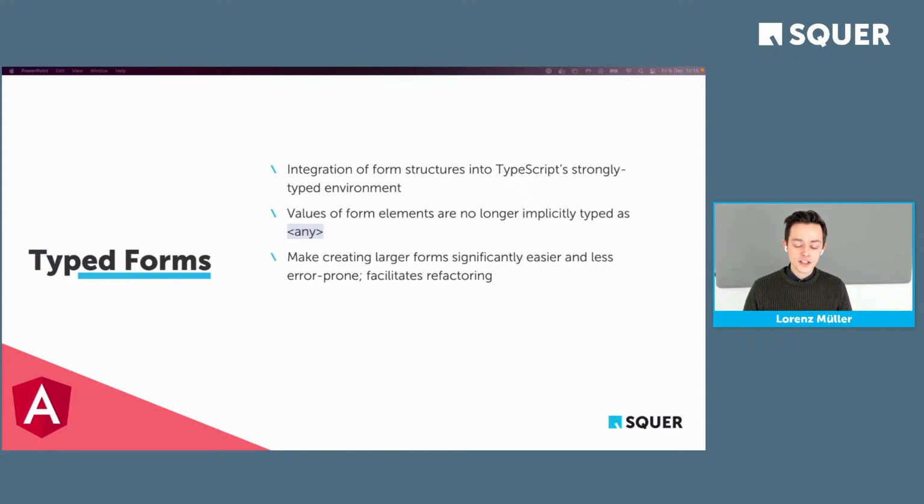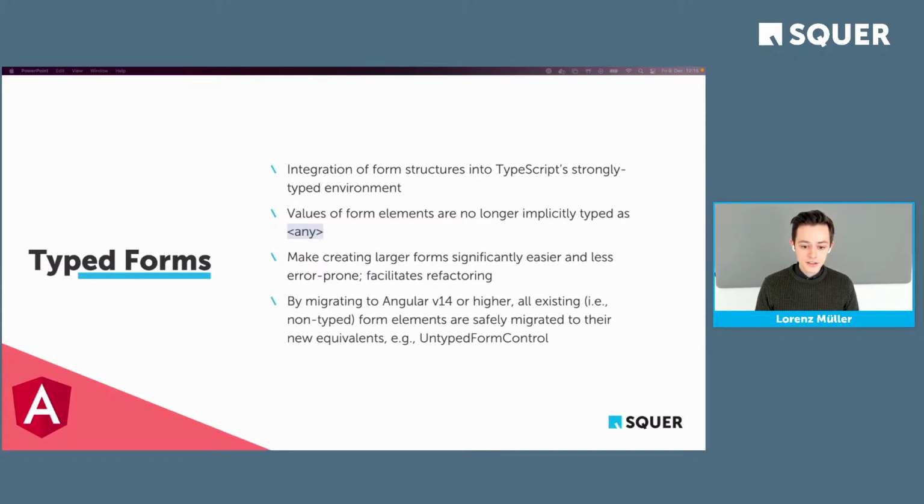This will make creating larger forms significantly easier and less error prone, and refactoring will be made much easier. As I've mentioned, by migrating to Angular 14 or a higher version, the previous untyped form elements will be migrated to untyped counterparts. That makes it possible to adopt typed forms step by step.